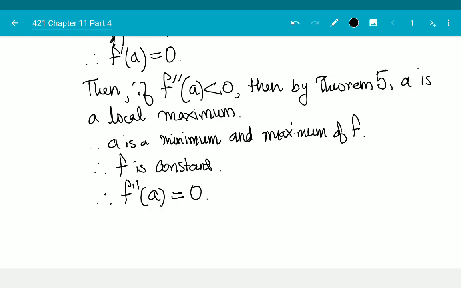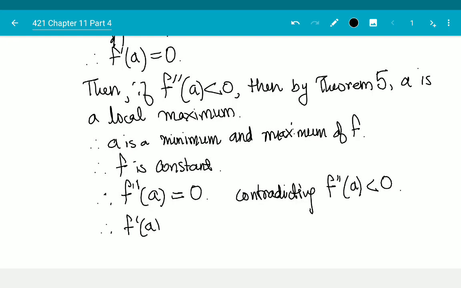Because if f is a constant, then f prime is constantly 0, and so f double prime is 0, contradicting f double prime of a strictly smaller than 0, right? Therefore, f double prime of a has to be greater than or equal to 0 as required. Okay, once again, I am going to leave the proof of the other case to you guys. Okay?